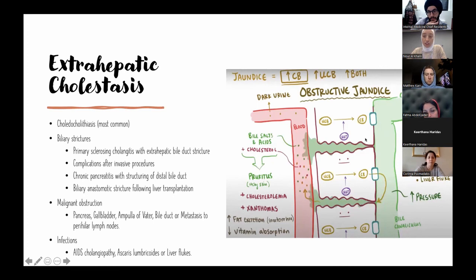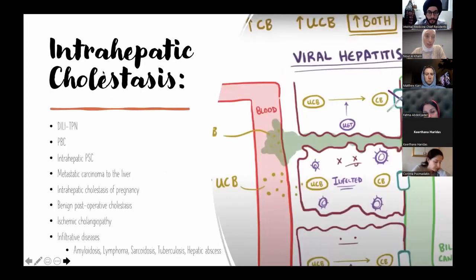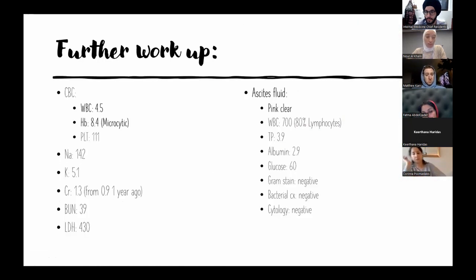Or if there is intrahepatic cholestasis, usually either the hepatocyte is damaged in cirrhosis, chronic hepatitis, or there is dysfunction in the excretion of bilirubin, or if there is some infiltration here, either water from heart failure or malignancy, or amyloids.